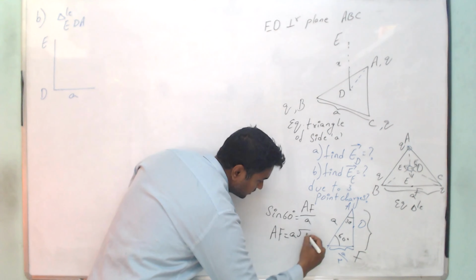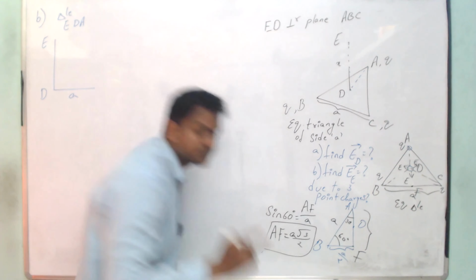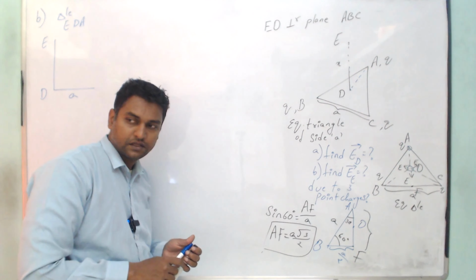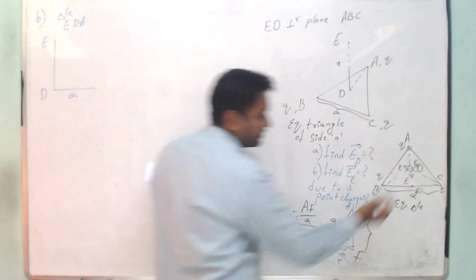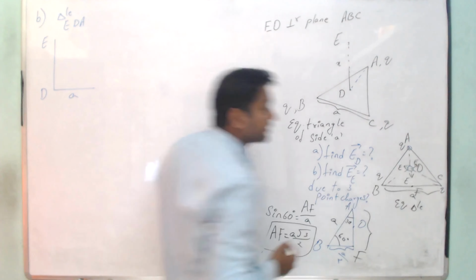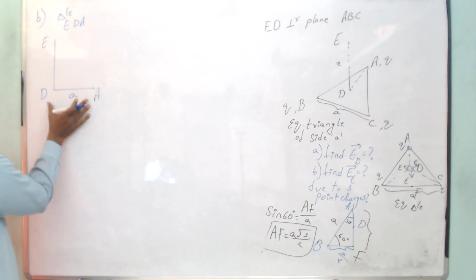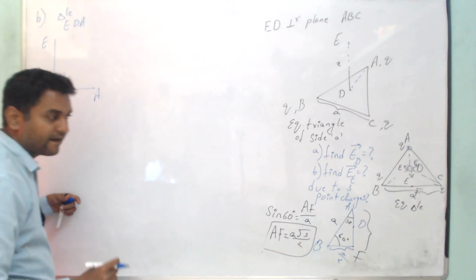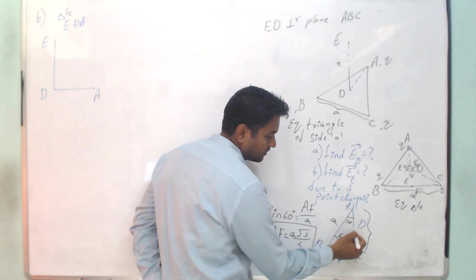Sin 60 is root 3 by 2. But I am not interested in total AF. I am interested only in A to D.